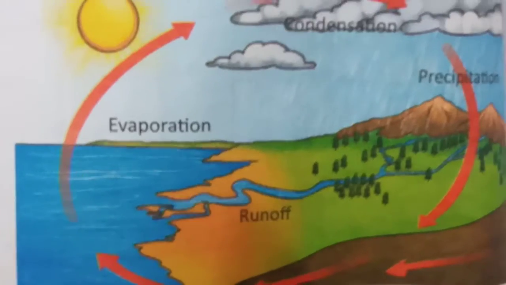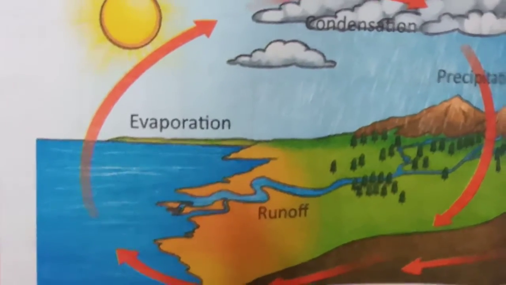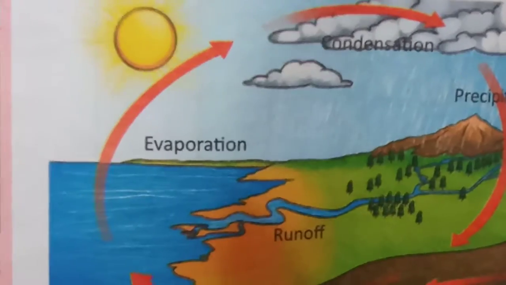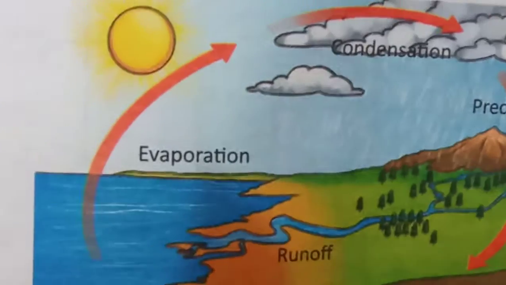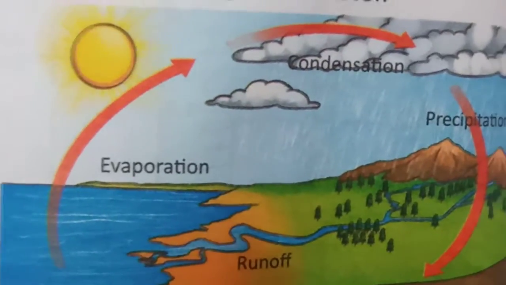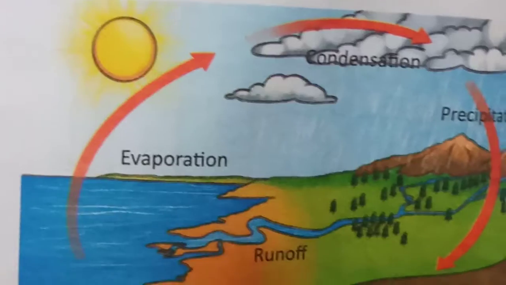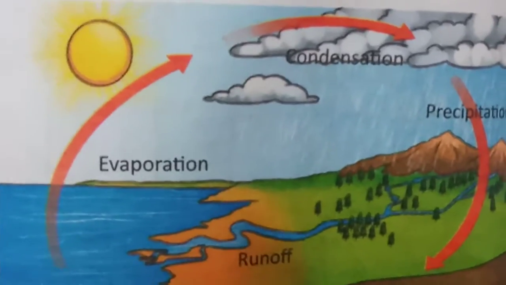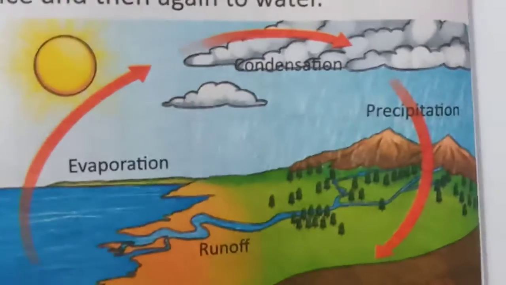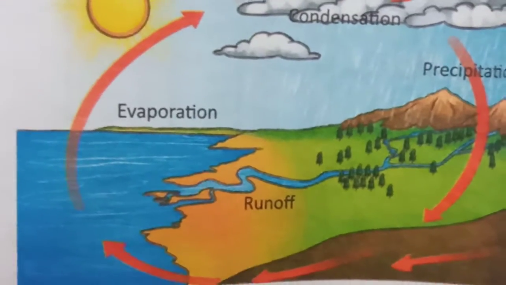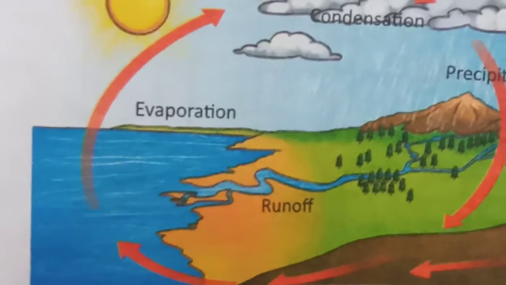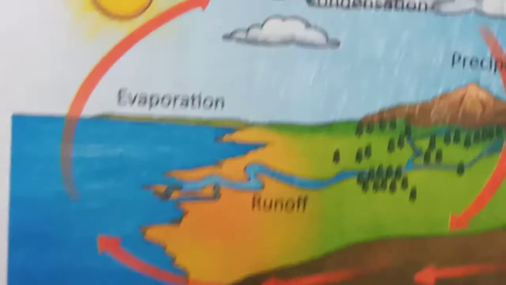The water that we are drinking or using today existed even 1,000,000 years ago. It just keeps getting recycled. What changes is the form of water. It changes into water vapor, to ice and then again to water.